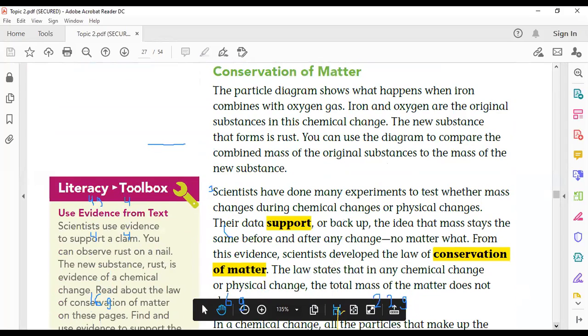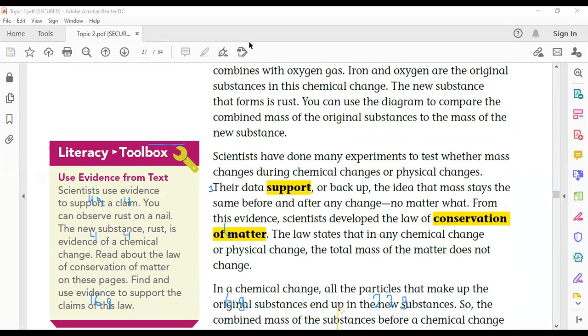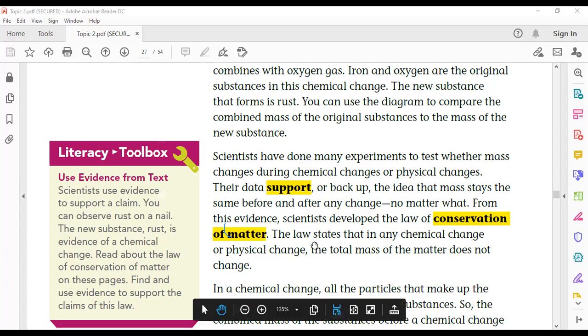So the law of conservation of mass, or the law of conservation of matter, states that in any physical or chemical change, the total mass of matter does not change.